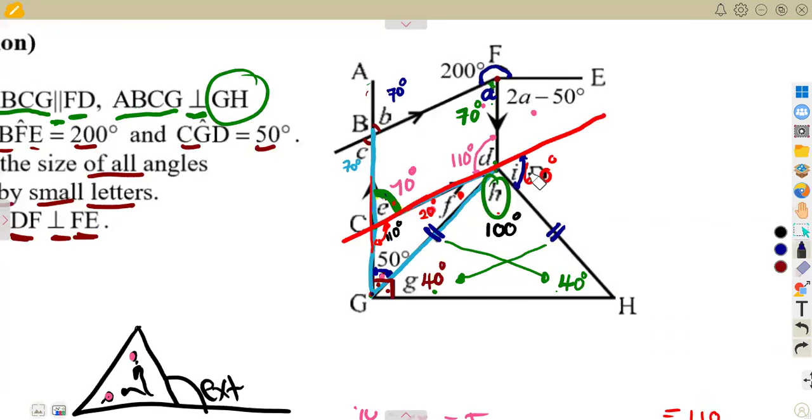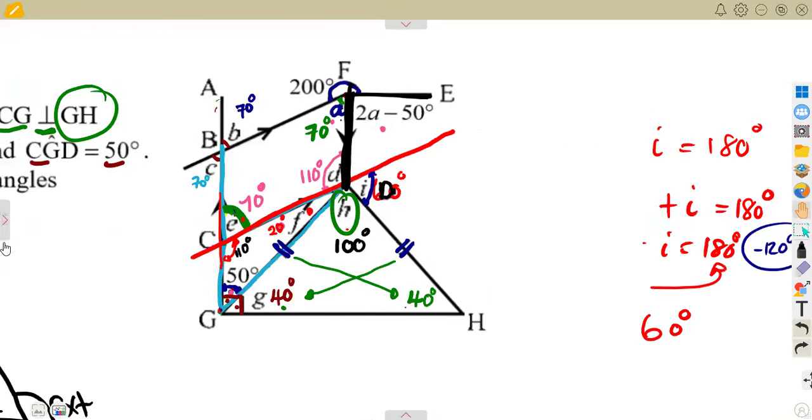There's a 60 there, but this is our D. So they are saying this line DF is perpendicular to FE. This is FE. If these two lines are perpendicular, it means we must have 90 degrees here, at DFE must be 90 degrees.